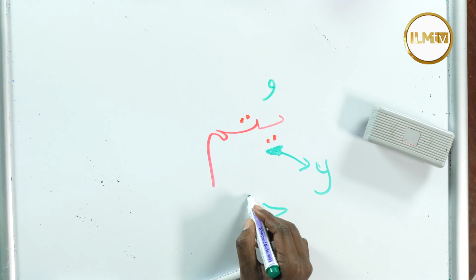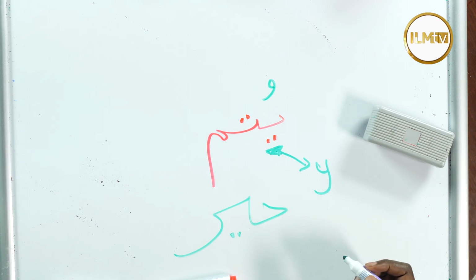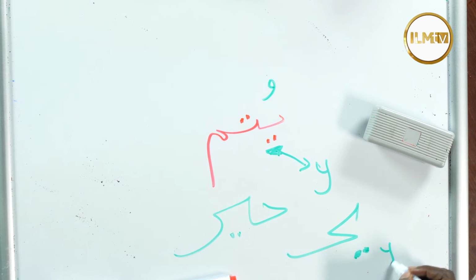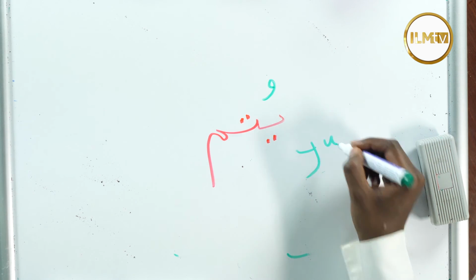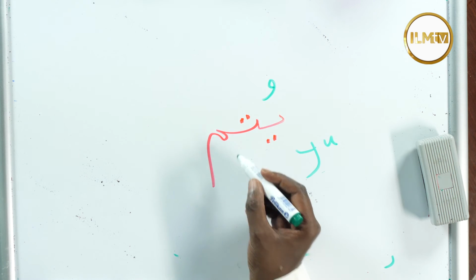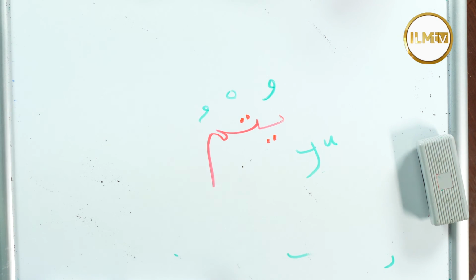It could be written that way, or it could be written this way. As long as there is two dots down somewhere, that's a Y. So we have Y and U. Yutmu.